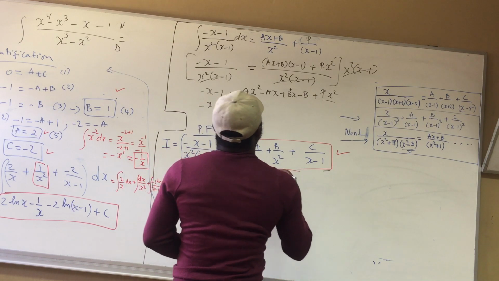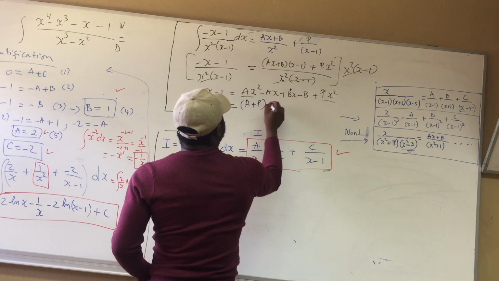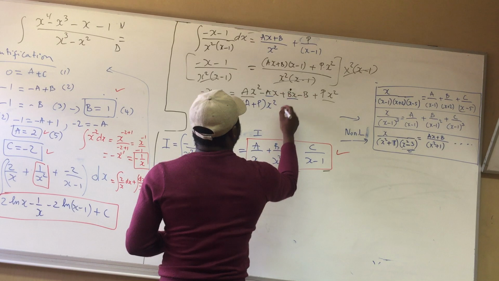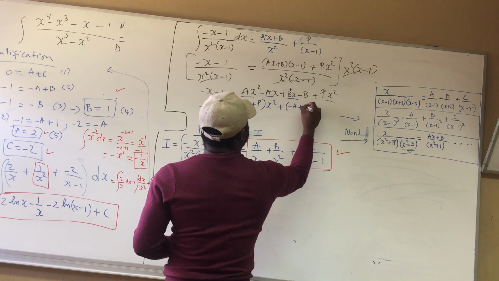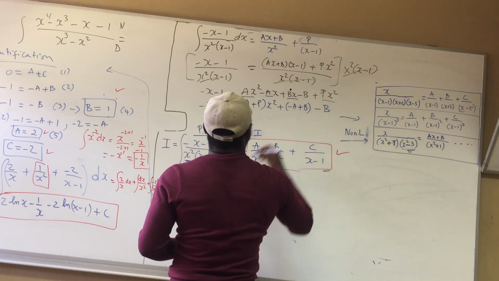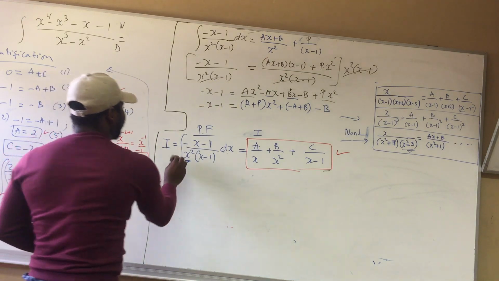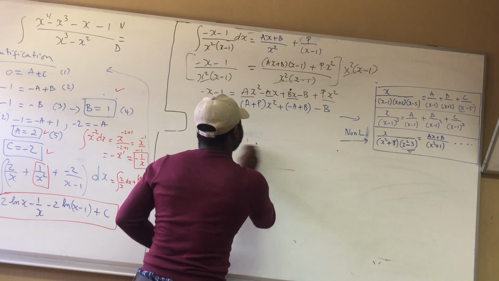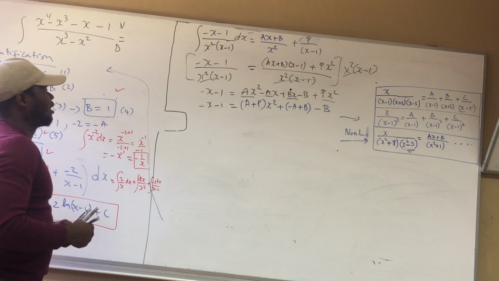So I will have (A + P) x squared, and then the term of x will be (-A + B), and then I will have the independent term, which is -B only. I will definitely erase this.